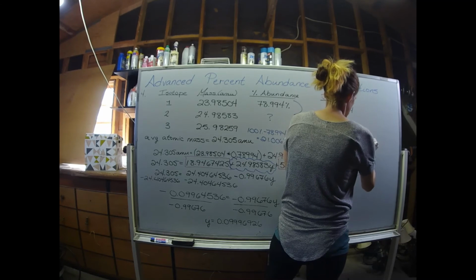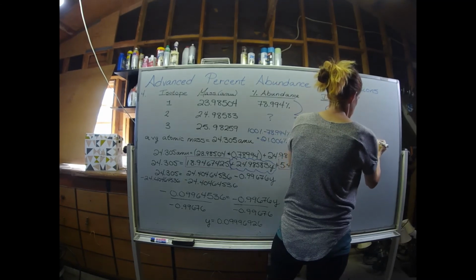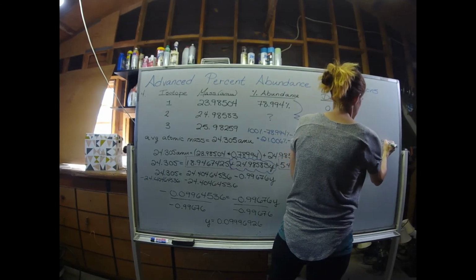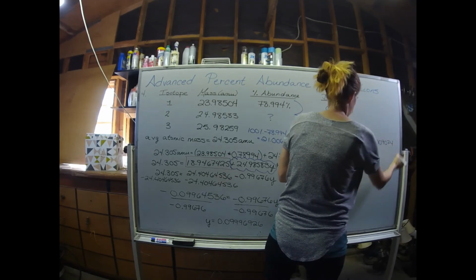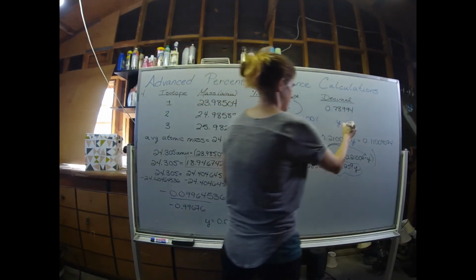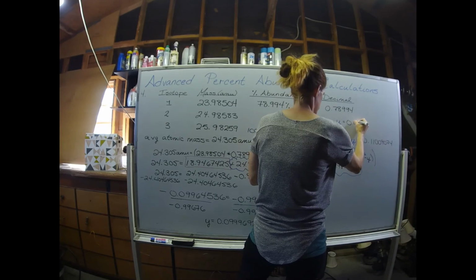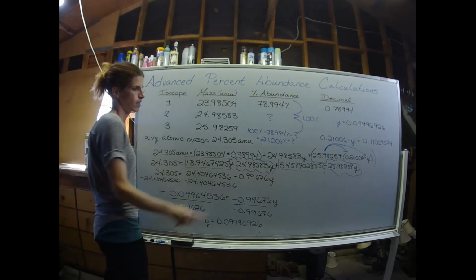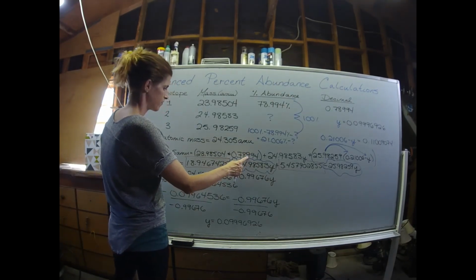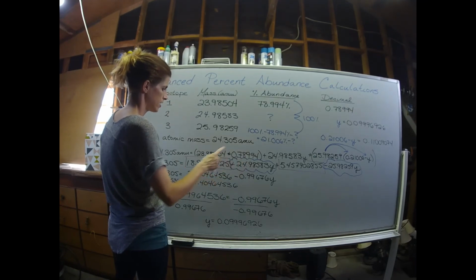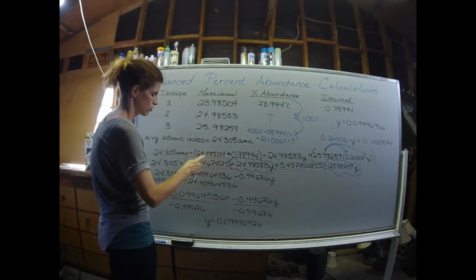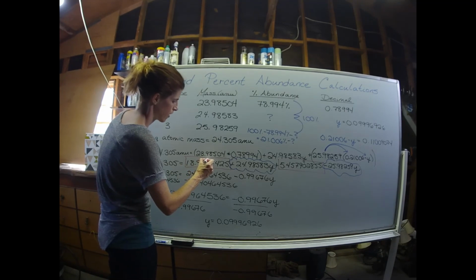That gives me 0.11009074. And let me also write down that number. So sig figs. There's 5 sig figs here and 7 sig figs here. So the result is limited to 5 sig figs.